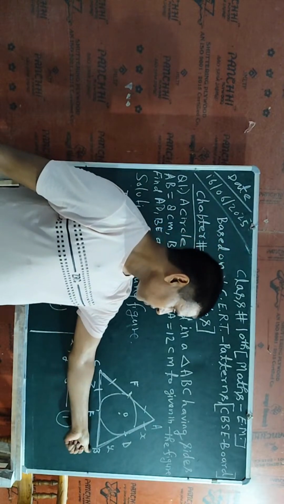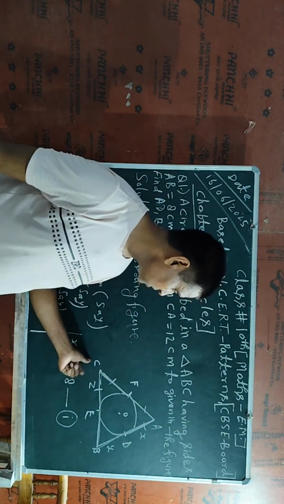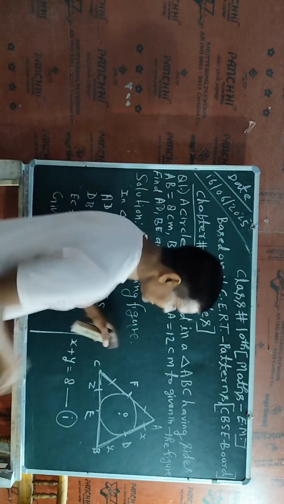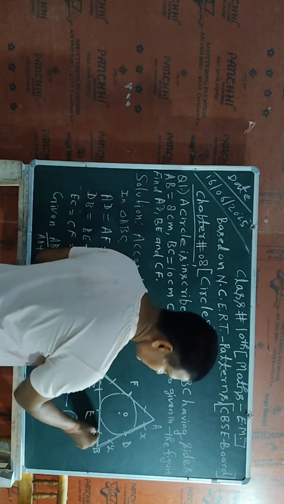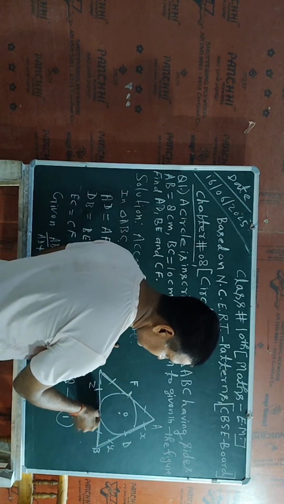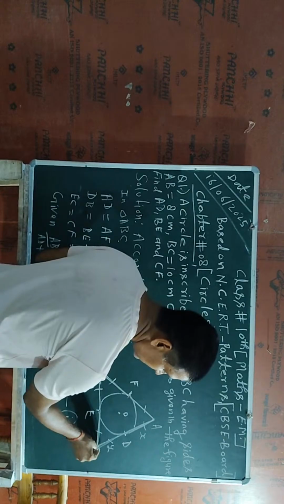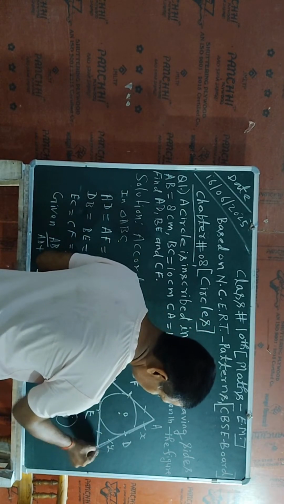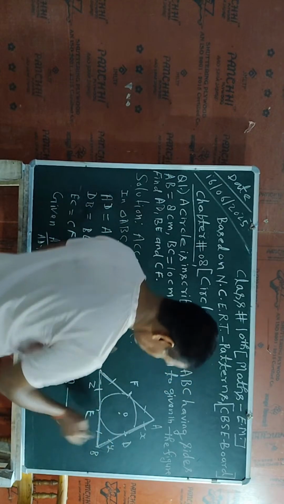Similarly, I will say length BC is also given, and the length BE is Y, because this length and this length will be equal, because this line and this line, both lines are tangent to the circle, and the point B is the intersection of both tangents. So this length is equal to this length.